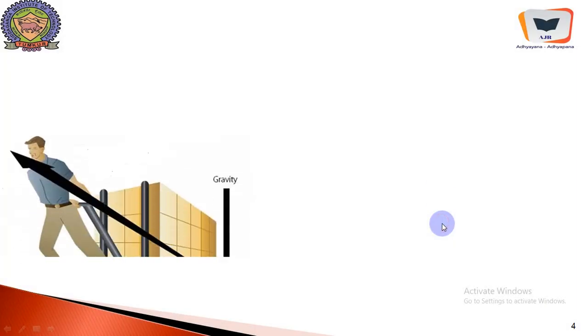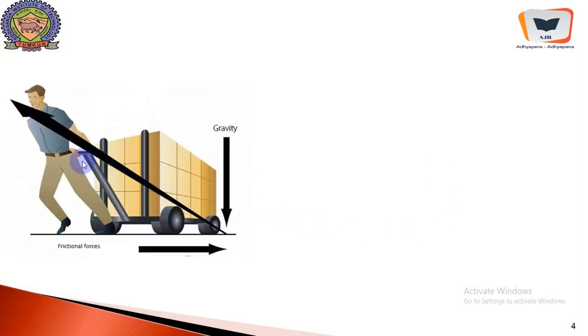And in a real world scenario, there is a person who is pushing this big container containing huge weight in the horizontal direction, and the force will be acting in an inclined fashion. There is a horizontal component of this force which is along the movement, and there is a vertical component also, and this horizontal component will definitely try to pull this huge weight in the horizontal direction.